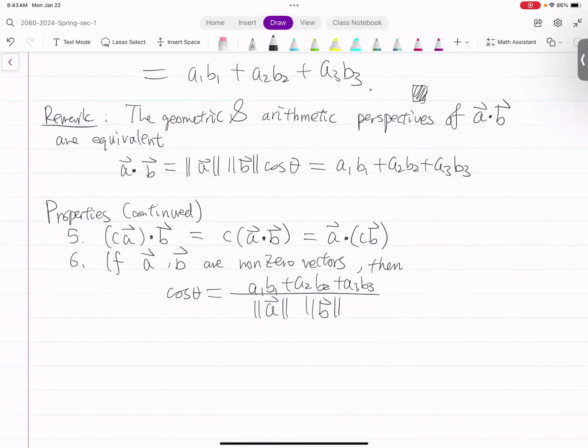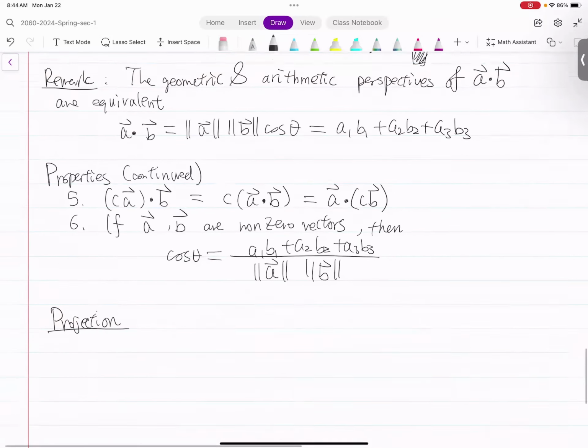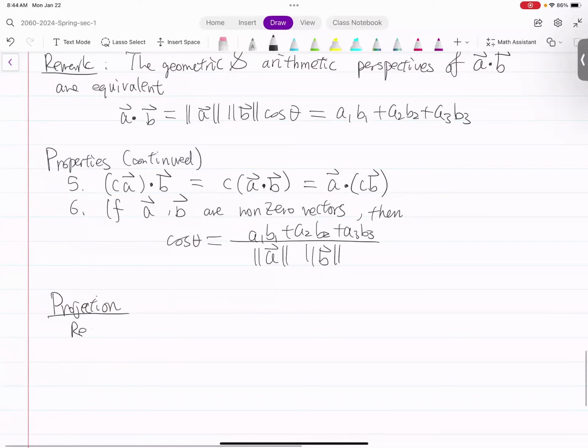Okay, so now let's talk about the important concept of projection that we have been talking about. We just want to put everything down formally. Recall the geometric perspective.